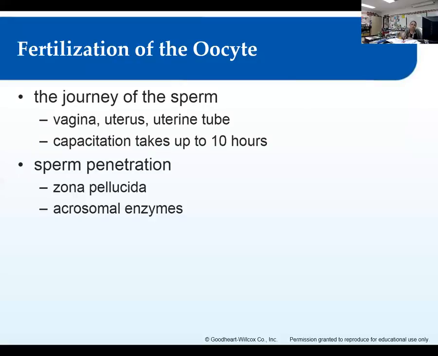Travel up through the uterus into the fallopian tube. And it actually, the ovulated oocyte is hanging out at like the end third of the fallopian tube. So that's where fertilization actually occurs, is in the tubes.